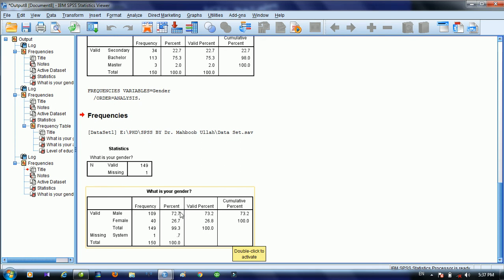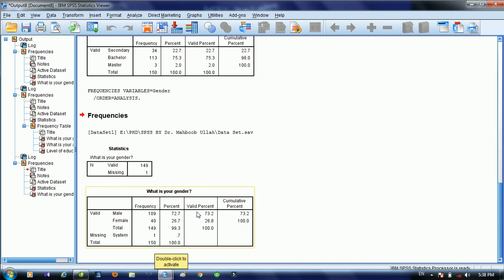Here you can see again, as I told you earlier, that the percent column figures take into account all the responses, both the valid and the missing. This 72.7 is obtained as 109 divided by 150 into 100, so we got 72.7. Then for female, 40 divided by 150 into 100 turns to 26.7, and the total is 99.3.